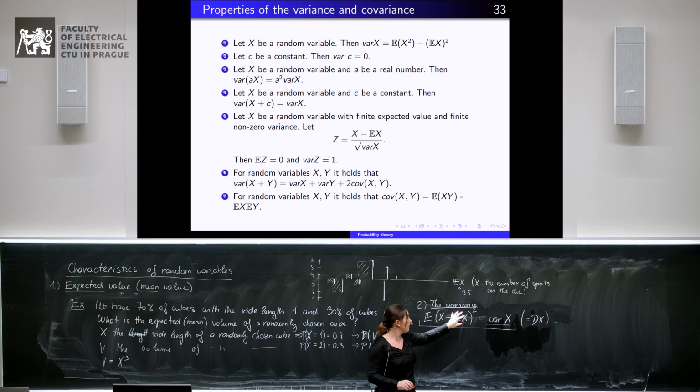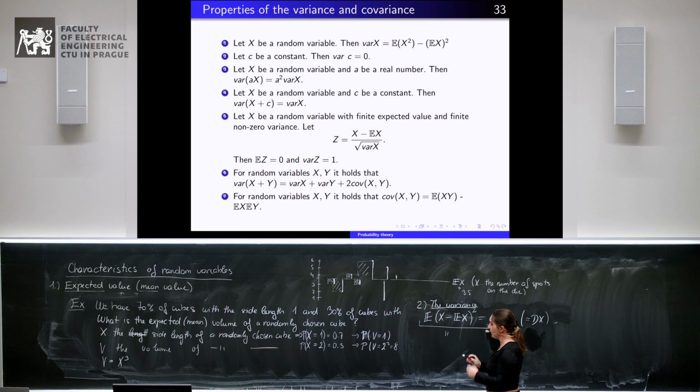Usually, we have calculated the expected value before, so therefore we want to calculate something more simple.